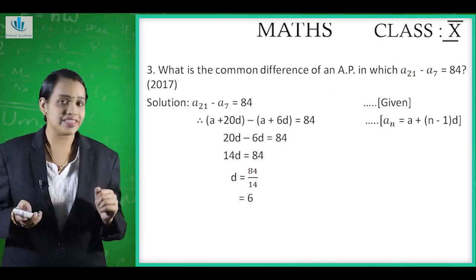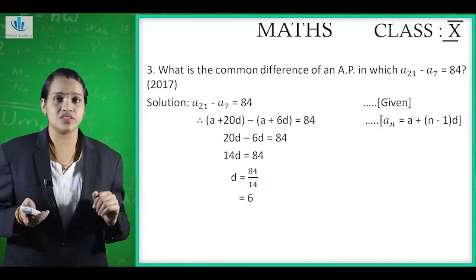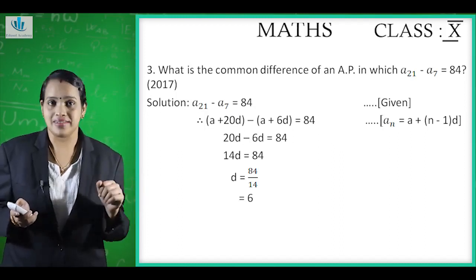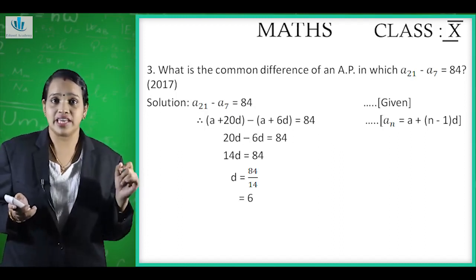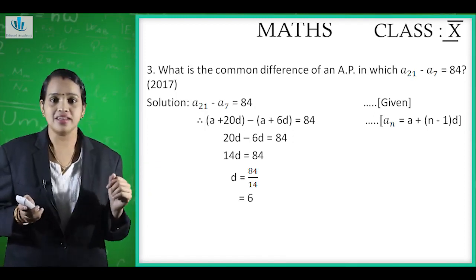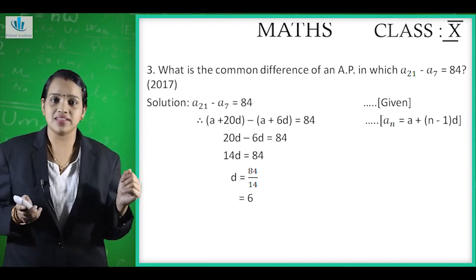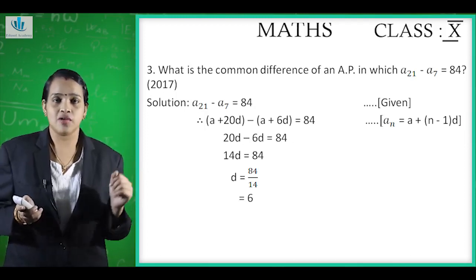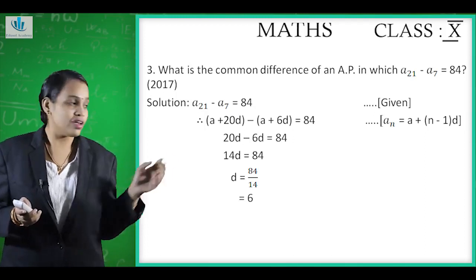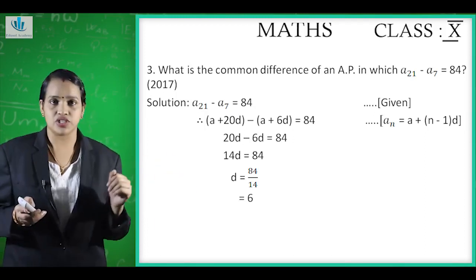Now the third question is, what is the common difference of an AP in which A21 minus A7 is equal to 84? This question has appeared in the year 2017. Let's see how to solve it. A21 minus A7 is equal to 84, which is already given in our question.